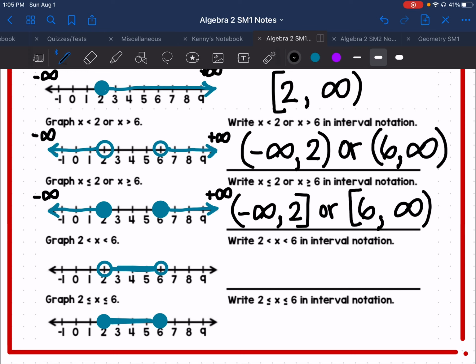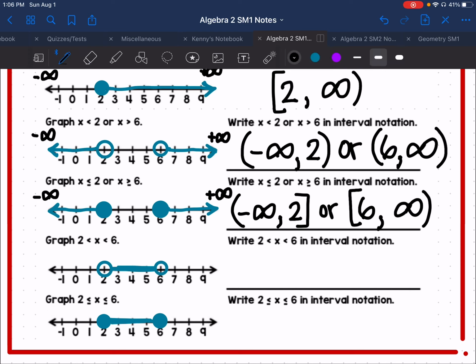All right, so what would that look like? Well, remember we have negative infinity on this end and positive infinity on this end, but this time my infinities are not shaded. So actually, I'm going to come in here with my eraser and get rid of them because guess what? We're not going to use them.